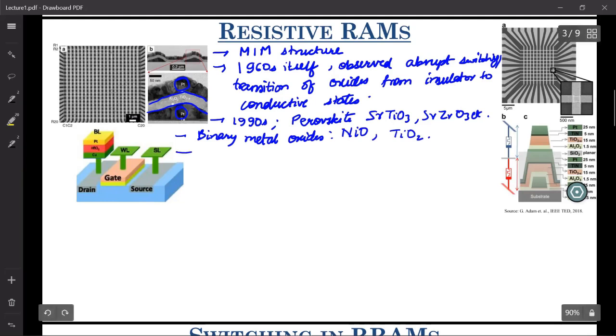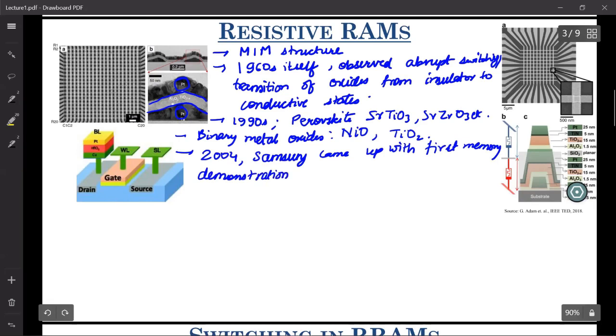So taking advantage of that, in 2004, Samsung actually came up with the first memory demonstration of RRAMs.